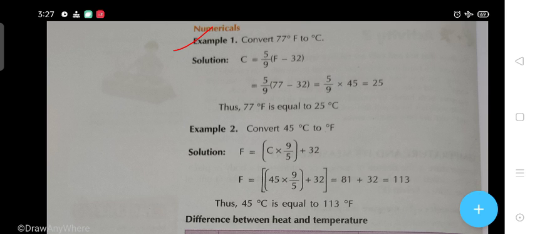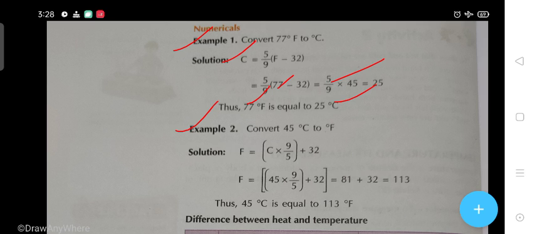So the formula of degree Celsius is Celsius is equal to 5 upon 9 bracket Fahrenheit minus 32, and here we have put the value of Fahrenheit, students, and if you solve then you will get the result. So 77 degree Fahrenheit is equal to 25 degree Celsius.